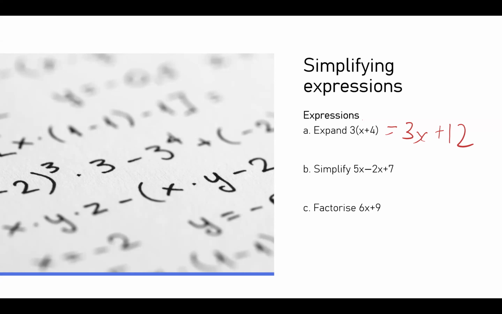To simplify it, all we would do is the opposite. So we would find the lowest common factor between these. There actually isn't a lowest common factor. So all you would do here, I'm trying to think, is keep x.